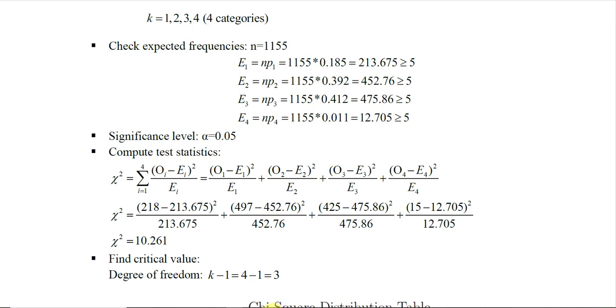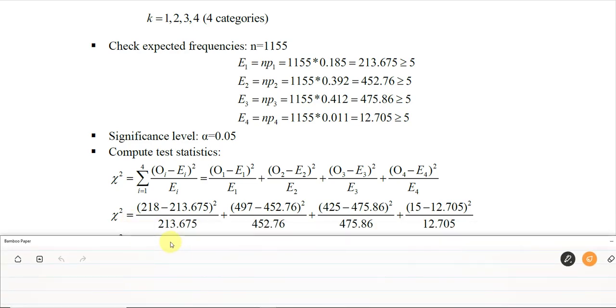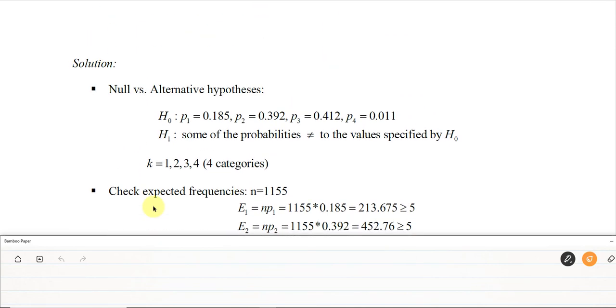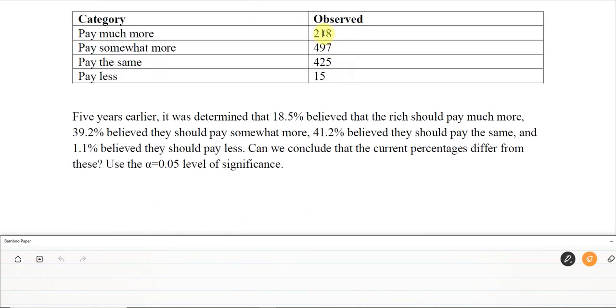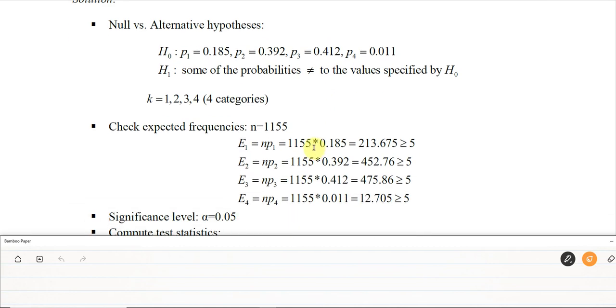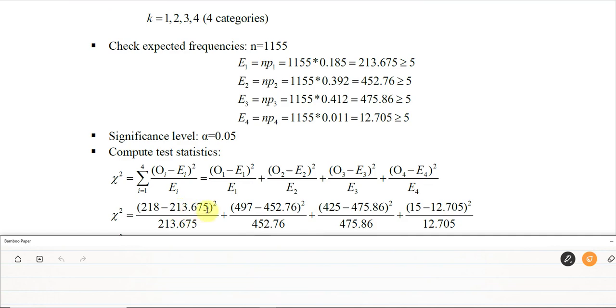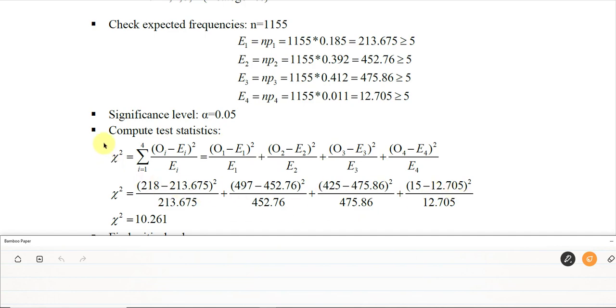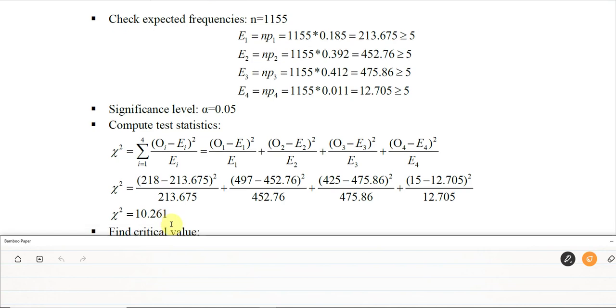You can see here the O1 is the observed value, right here, O1 is 218. Expected value 1 is 213.675, and then divide by the expected value. On the numerator, make sure that you square. Then do the same thing for the rest, O2, O3, O4, and add all of them together. This is the test statistic, which is 10.261.